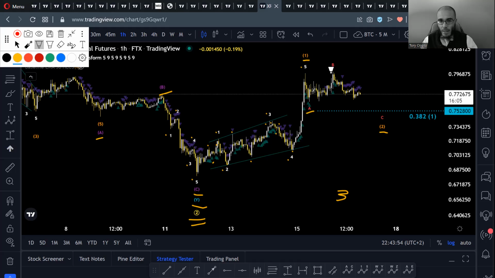So I put the A wave here, the B wave here, and the C wave here. It seems now that we had a wave 1, 2, 3, 4, and that we still have one wave down to do. Or maybe it could be finished actually, wave 5. If it extends, it goes lower. If not, it's finished here. But we are looking for the end of the 5 waves of wave C.